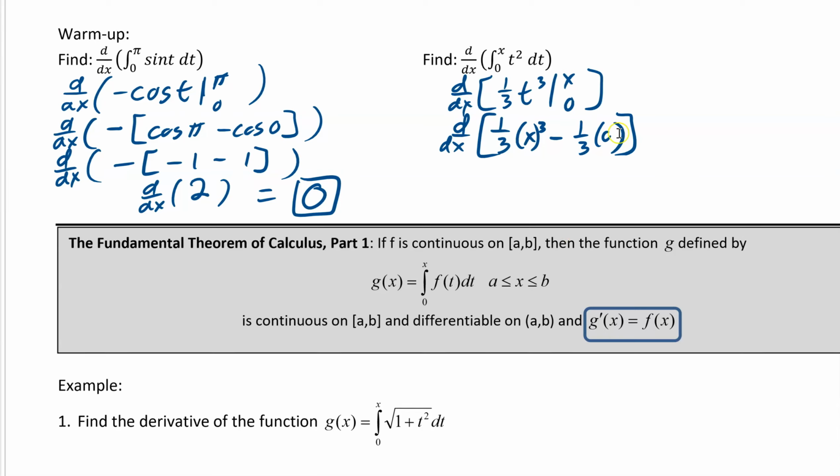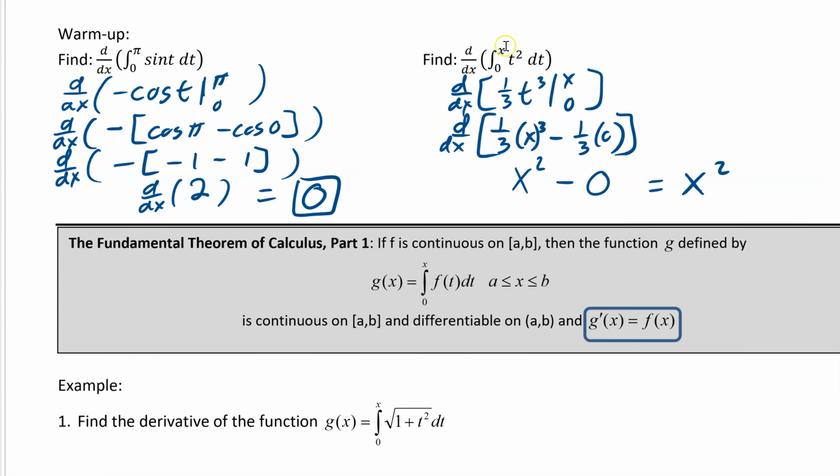This is a constant. So if we take the derivative of a constant, that second term, regardless of whatever it is, a 2, a 3, a 4, it's still going to be 0 when we take the derivative, just like what happened here. So we're going to always end up with 0 here and subtracting it, but not this one. This one now has an x in it. So when we take the derivative with respect to x, the 3 comes down and cancels, and we end up with x squared. So our answer is x squared.